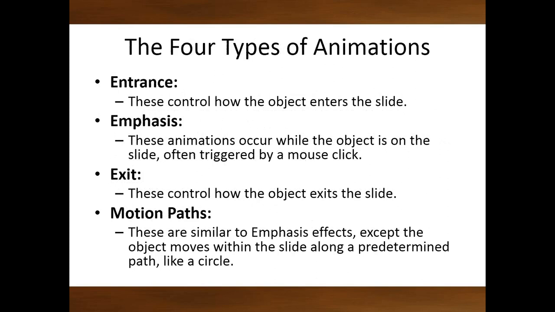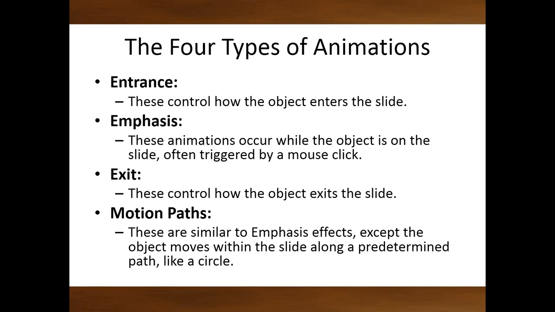There are four types of animations, and these are entrance, emphasis, exit, and motion path animations. Entrance animations. These animations control how the object enters the slide during the slideshow.